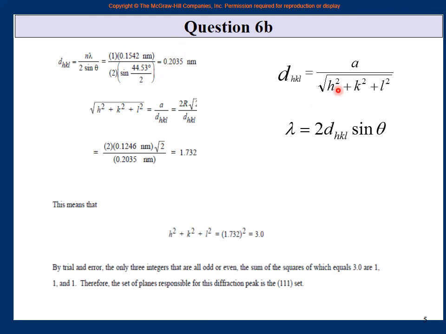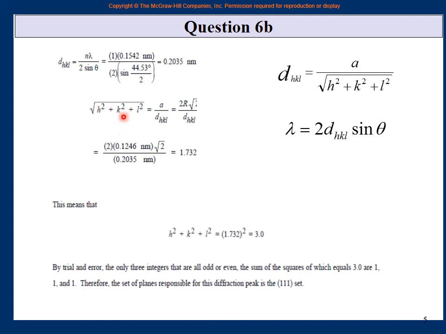We also know from here that root of h squared plus k squared plus l squared is a upon d_hkl, right? And because it is FCC, a is equal to 4R upon root 2, or 2R root 2, whatever you want to say. So now this 2 is there, radius is given 0.1246, root 2 is there, and d_hkl we found to be 0.2035.